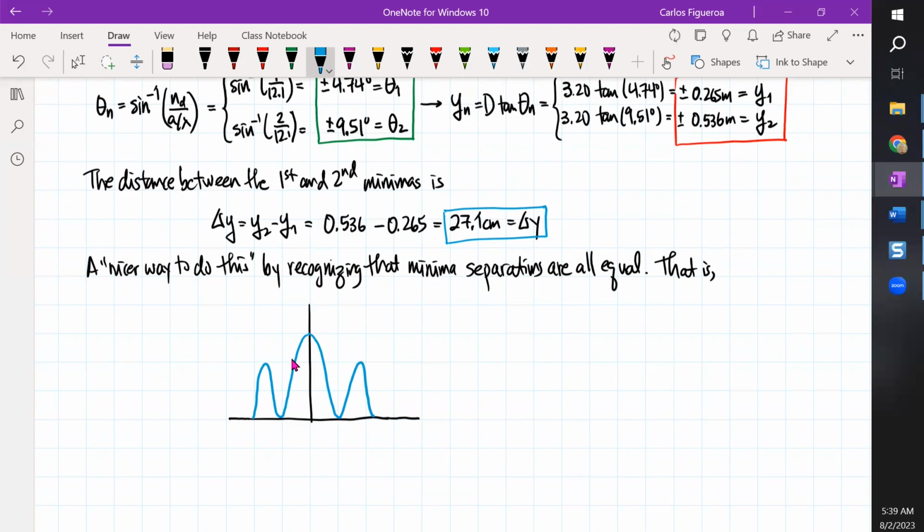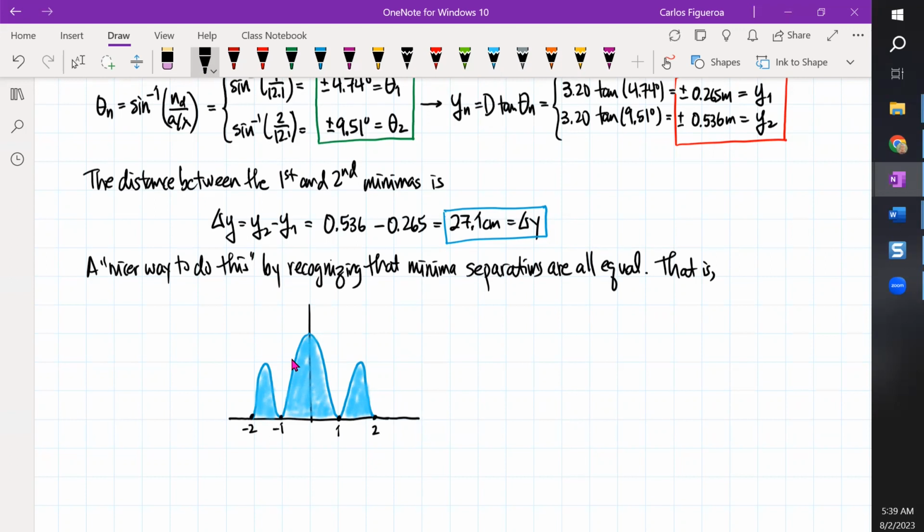And when I'm looking at this, what we just computed was the distance between N1 and N2. So in other words, this guy is 1, this guy is 2, and of course this is minus 1, and this is minus 2.